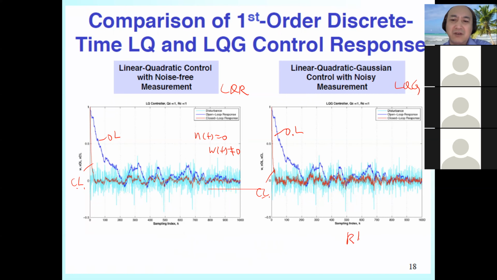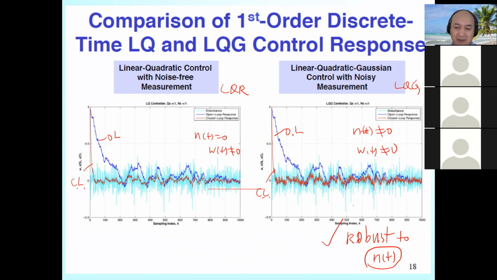So this is robust to NT, the output noise. I'm kind of output noise immune. Isn't this good? Of course it's good in practice. If you have measurement noise, it's not going to affect my control significantly.